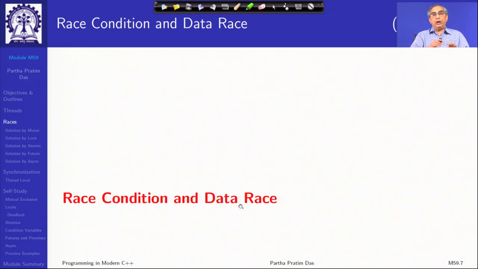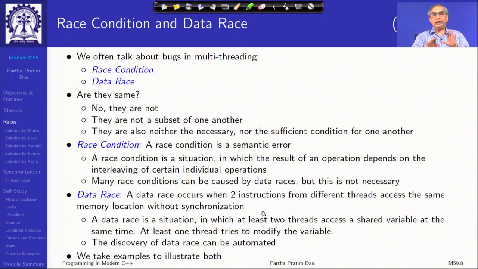Now, just again to recap what a race condition or data race is, these are kinds of synchronization problems. They are very closely related, though they are not exactly the same thing. As you have seen, a race condition is a semantic error. It is a situation in which the result of an operation depends on the interleaving of certain individual operations which may occur in indeterminate order in multiple threads.